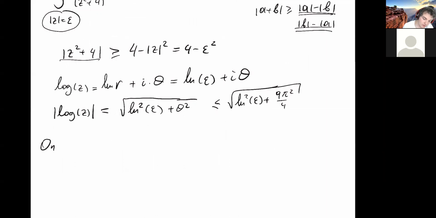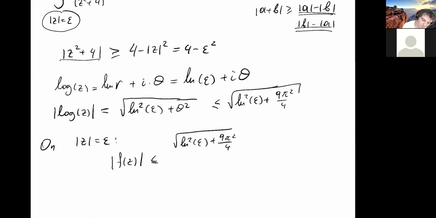Okay, so on this path, we have f is less or equal than this, divided by this.